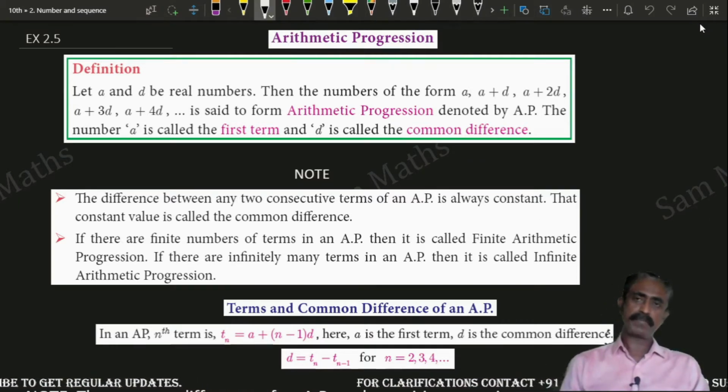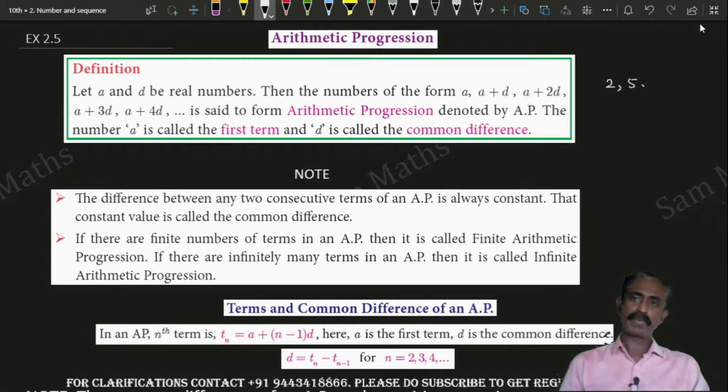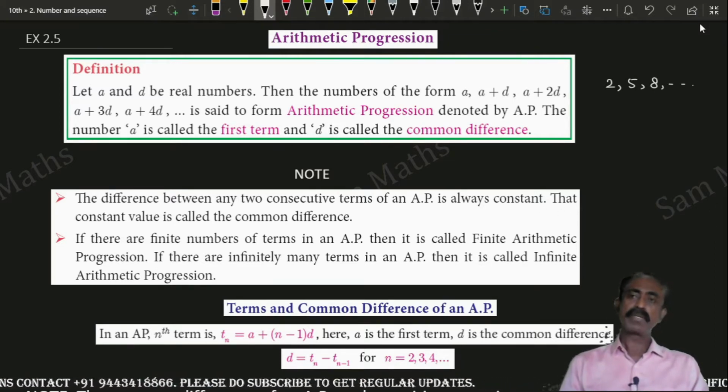For example, suppose I am taking 2. By adding 3, I am getting another number 5. Next, I am adding 3 with 5, it's 8, etc. Here 2 is the first term.